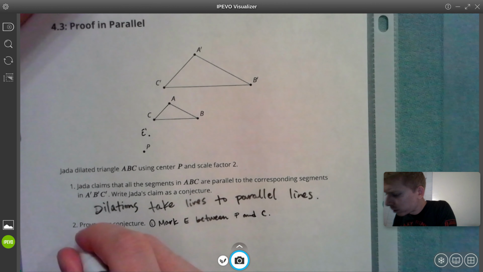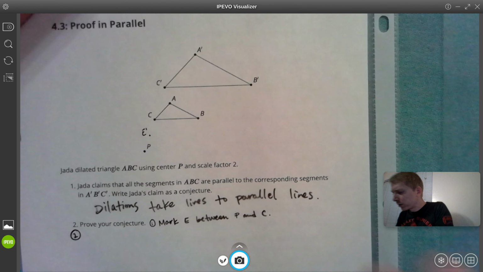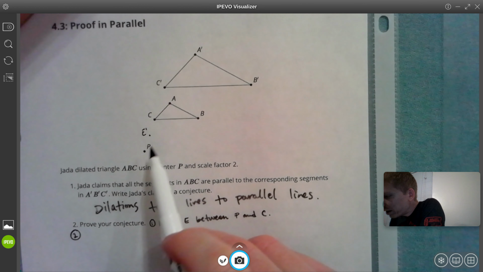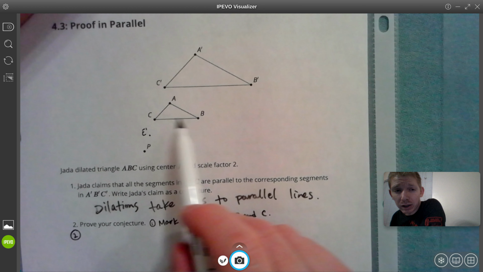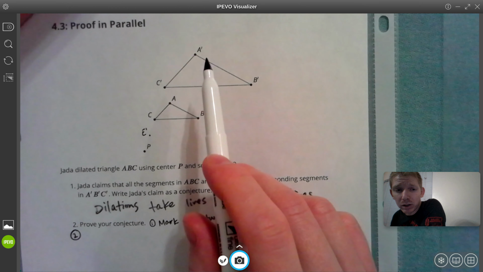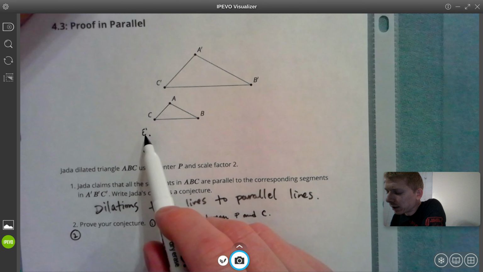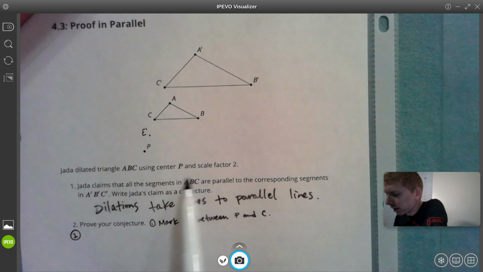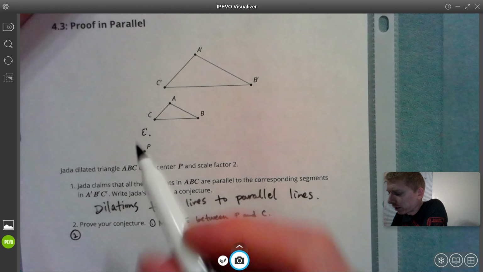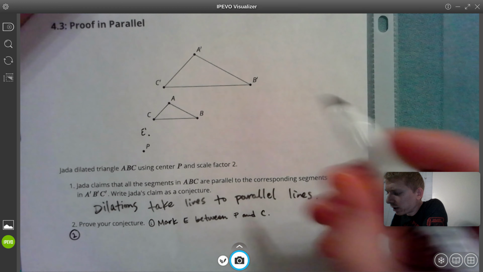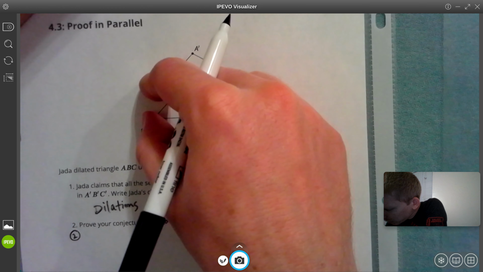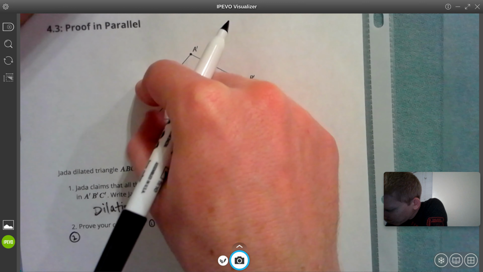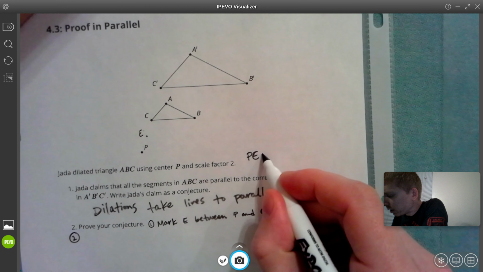Step 2 is when we dilate triangle ABC and we get A prime, B prime, C prime, let's also dilate E by the same scale factor. If I dilate E by a scale factor of 2, the distance from P to E was 1 centimeter. So this should be E, not E prime. There we go. The distance from P to E equals 1.